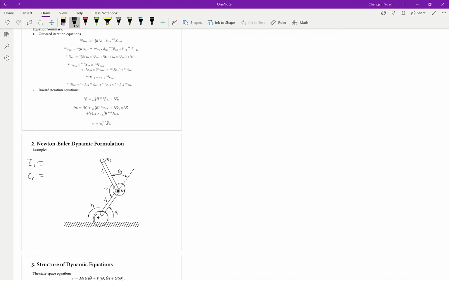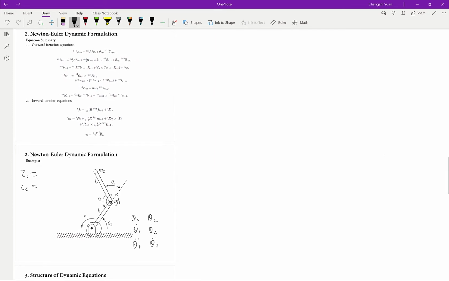So how much torque do you need to generate in order to keep the manipulator moving with joint 1 at position theta 1, joint 2 at theta 2, velocities theta 1 dot, theta 2 dot, and accelerations theta 1 double dot, theta 2 double dot. This is the objective of this example.